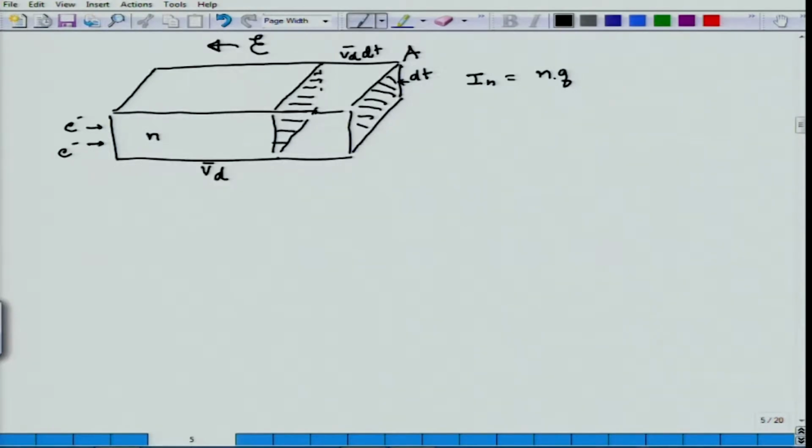So the total charge crossing is the drift velocity due to the field times dt multiplied by A, divided by dt for the current. So my current due to the electrons can be thought of as n q V d A, and the current density is nothing but n q V d.